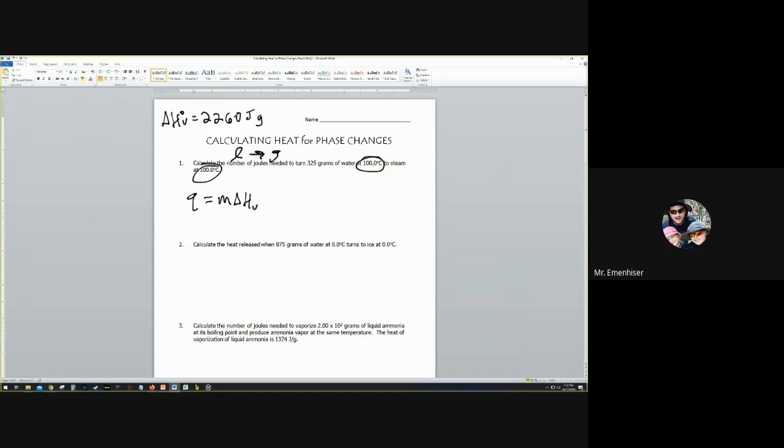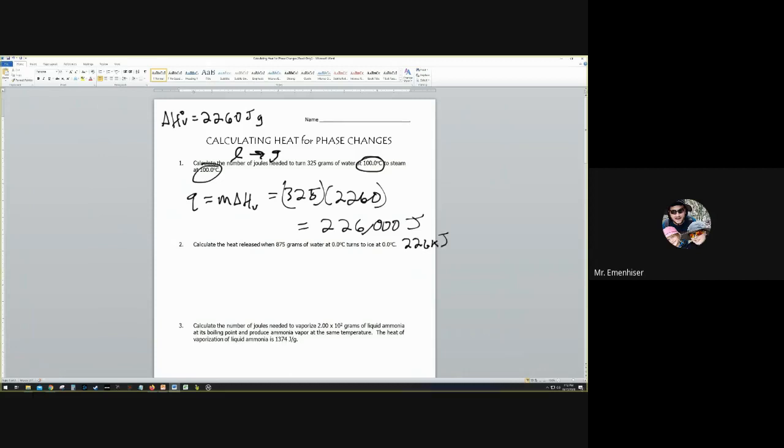It's just not in the problem, but it would be a number that is given. So we're just going to multiply that by the mass. 325 times 2260. We get a large number. We get 226,000, and that's joules. If you wanted to divide it by 1,000 and get it in kilojoules, it'd be 226 kilojoules.